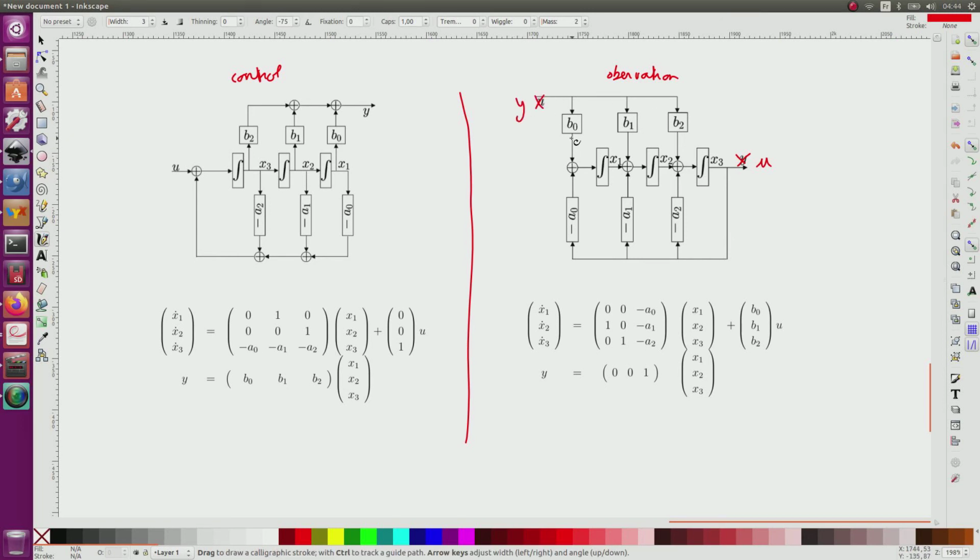If I inverse all rows like this, if I represent all other, I represent by a join like this, and if I represent all joins by an adder, oops, that's a join, sorry.